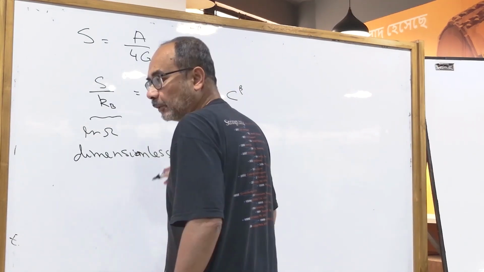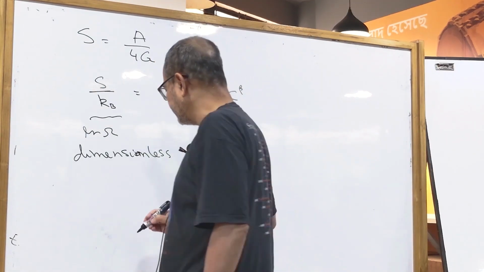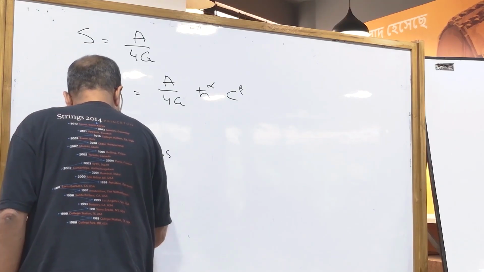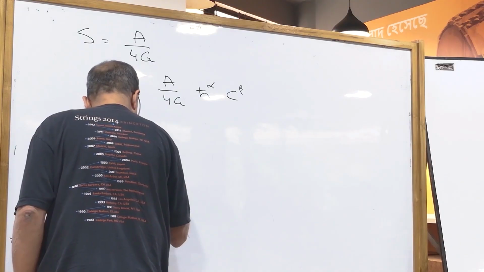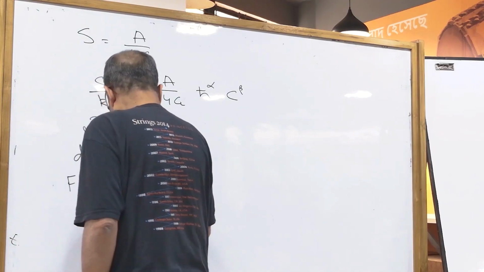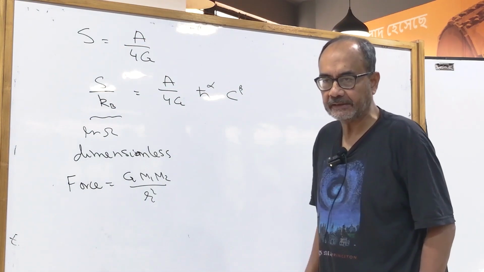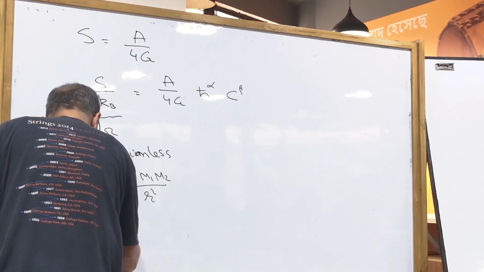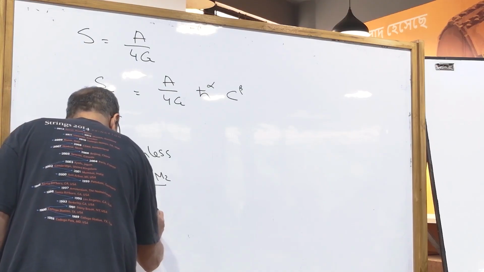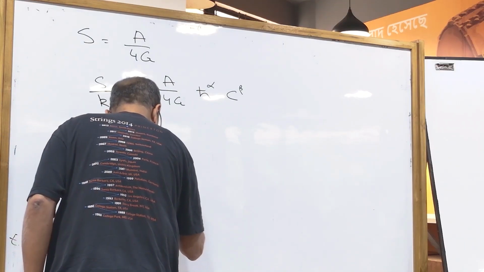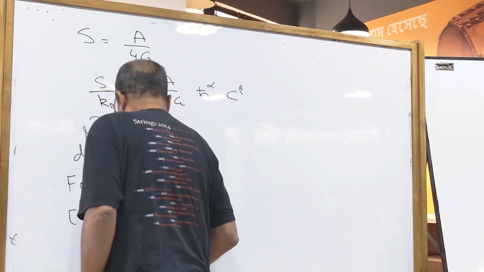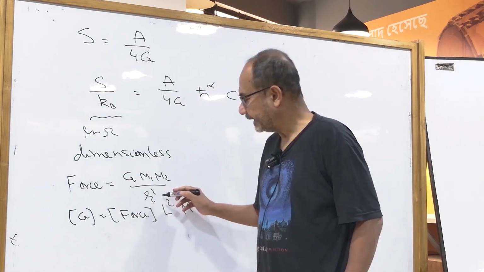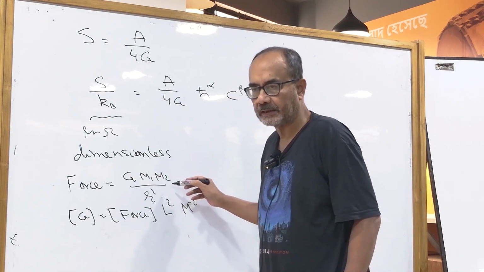Here, we have to find the dimension of G. So, let's try to calculate the dimension of G. So, force is G m1 m2 over r square, this is Newton's law of gravitation. So, dimension of G will be dimension of force times L square m to the minus 2, because force times r square is length square, and m to the minus 2 because there are two masses.